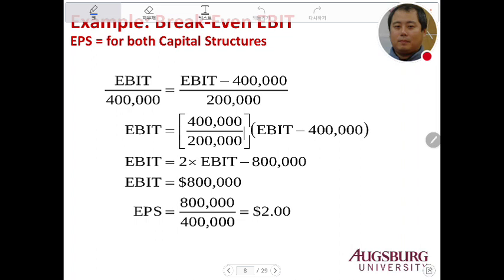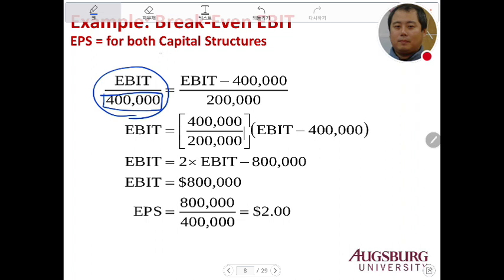And what is the break-even EBIT? Break-even EBIT means the EBIT that makes EPS the same. So the EPS for no debt is EBIT divided by 400,000, which is the number of shares outstanding.